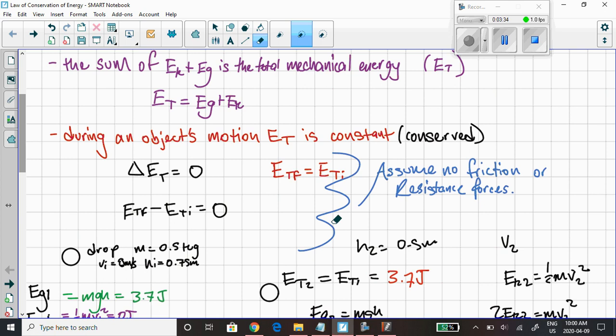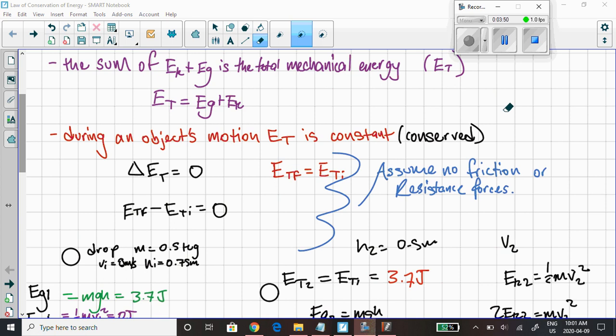When we use this equation, we assume there's no friction or resistance forces like air resistance. We're going to assume that they are non-existent or very, very small.